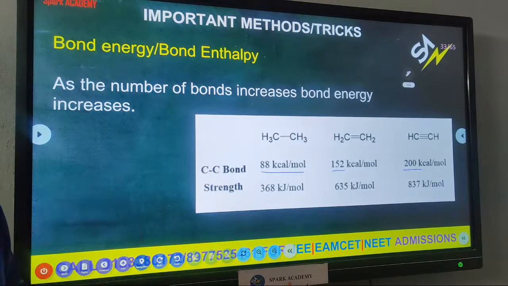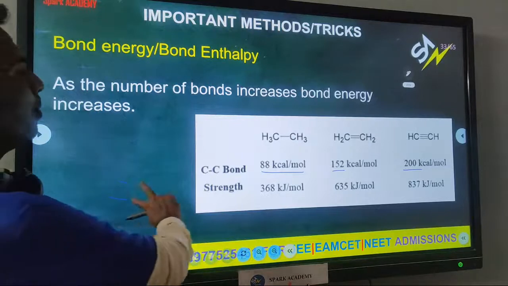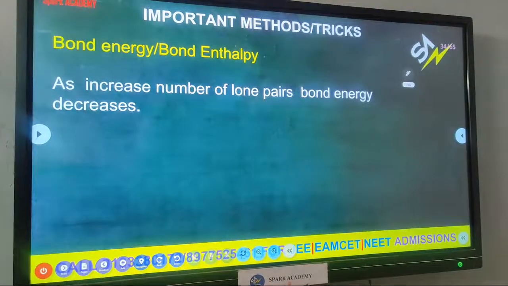So this is the parameter for bond energy and bond enthalpy. Now the next application: as the number of lone pairs increases, bond energy decreases.